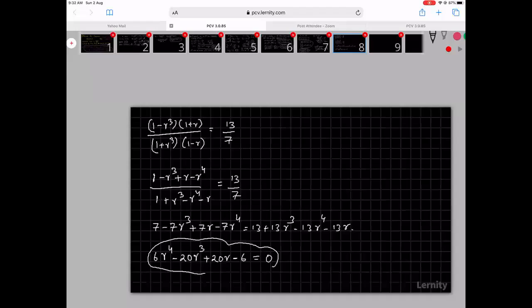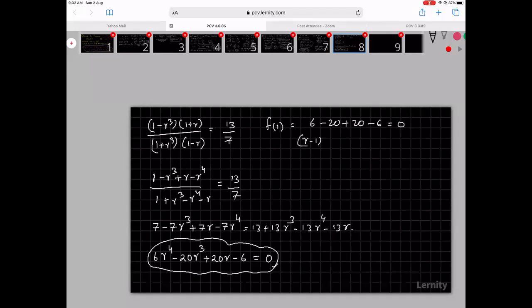So you have to factorize this. Okay, whenever the sum of coefficients is 0, see, we'll use the remainder theorem. According to the remainder theorem, let us see what f of 1 is equal to. f of 1 is 6 minus 20 plus 20 minus 6. So it is 0. So r minus 1 is a factor of this.